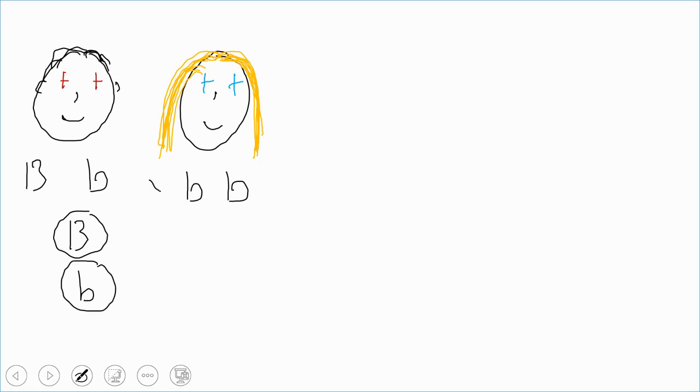Now all the female's egg cells would have the gene for blue eyes. Okay. Sometimes it's easier, I think, in these questions to just use two different pictures for the egg cells. Even though all the egg cells are the same, sometimes it's easier this way.